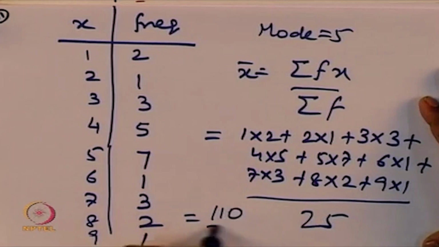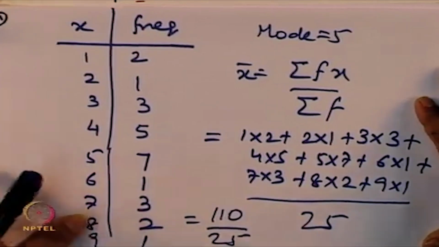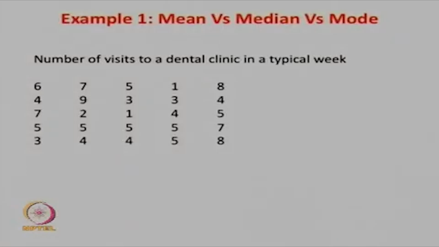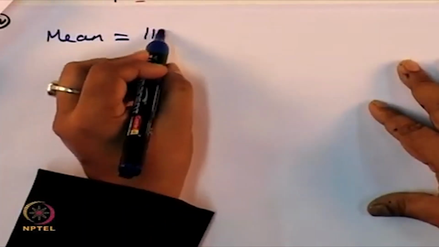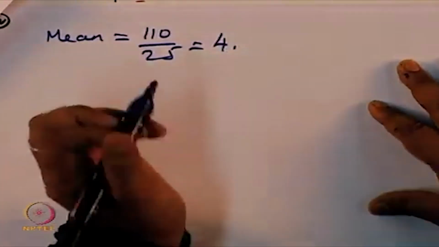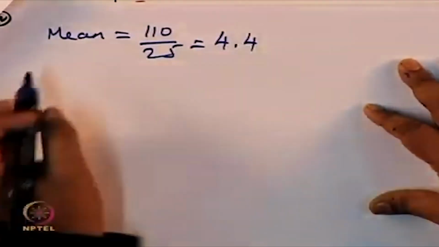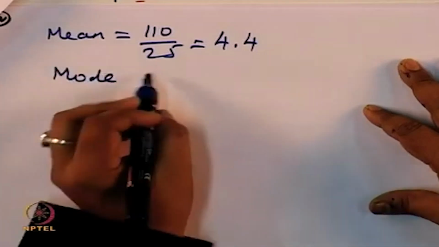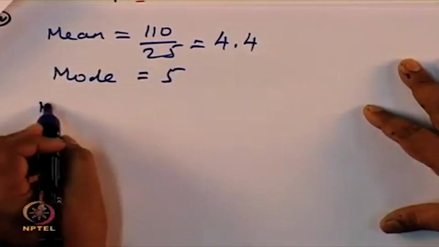So, it is 110 by 25. Okay. So, let us go to the next page. So, we found the mean is equal to 110 by 25, which is 4.4. Mode we have found out as 5, and median.